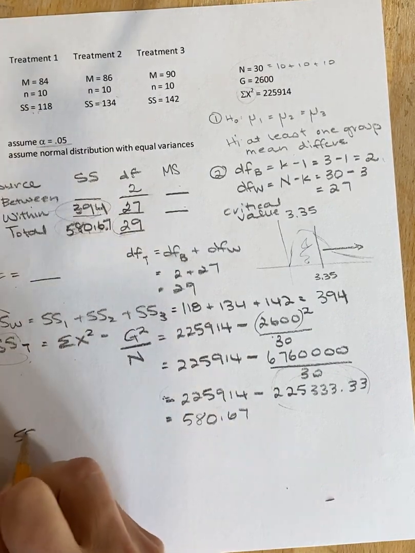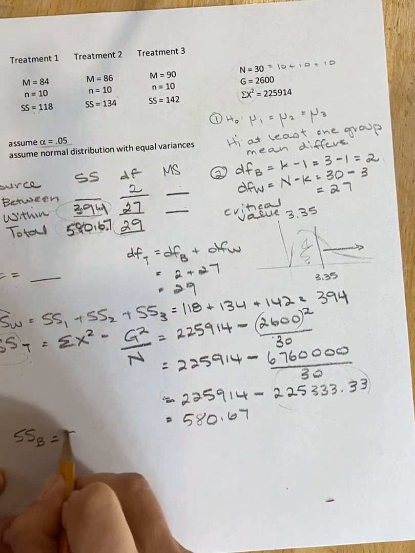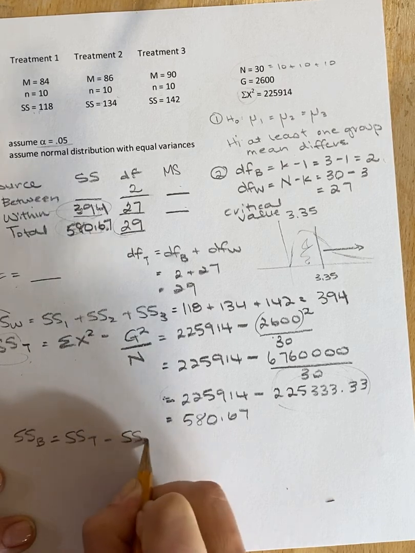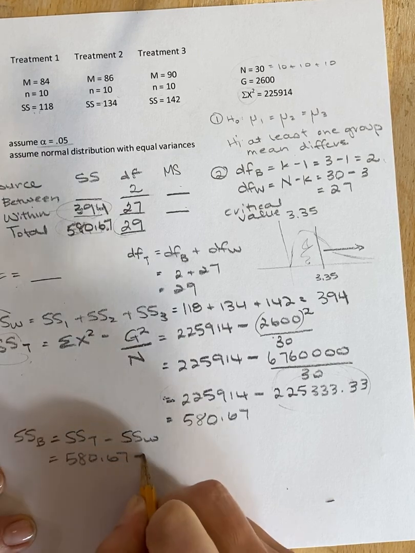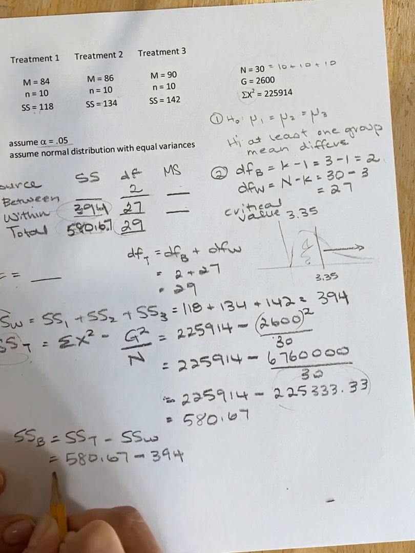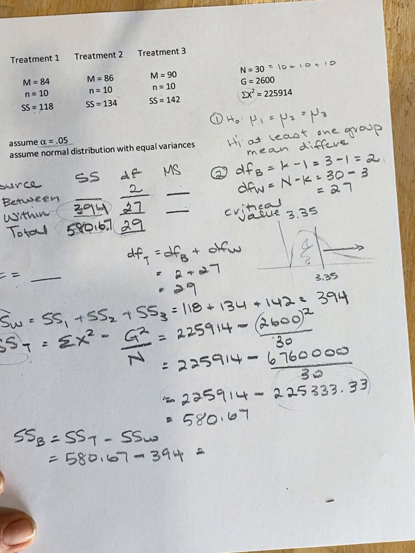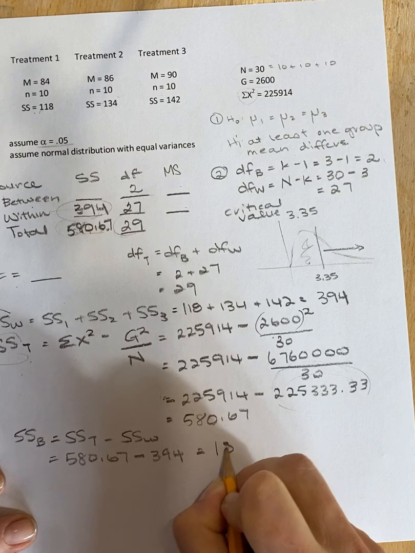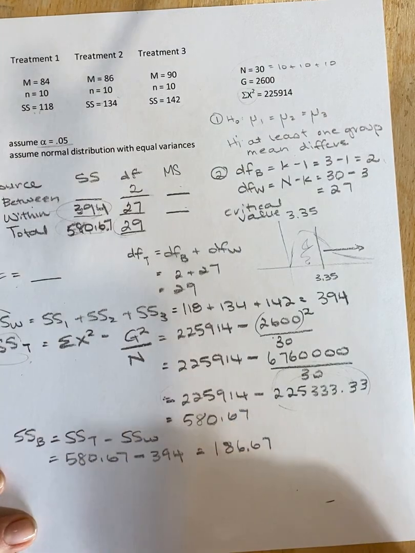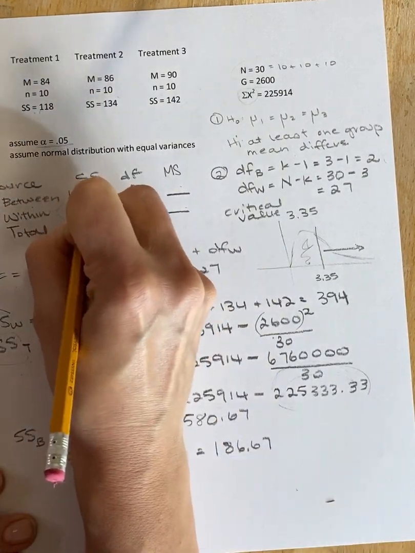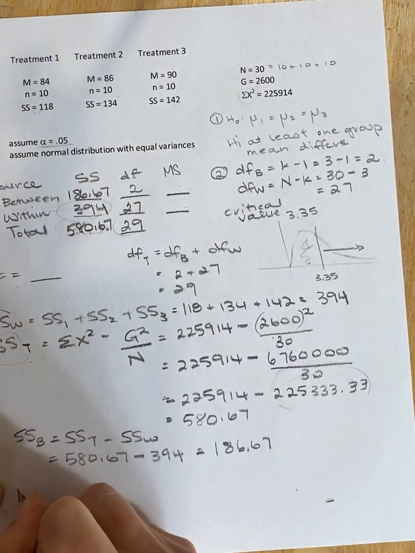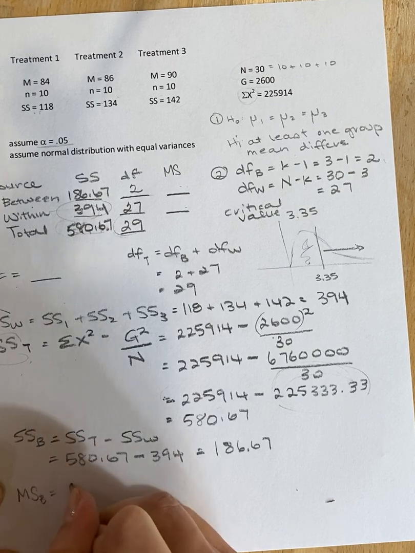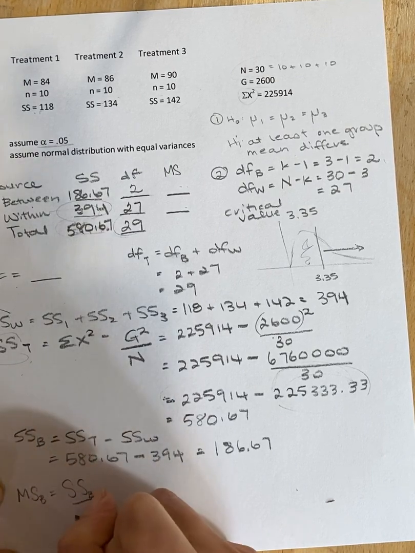To get sum of squares between, I'm going to take sum of squares total, subtract sum of squares within. So 580.67 subtract 394. I get 186.67. Now I can calculate my mean squares. Mean square between is sum of squares between divided by degrees of freedom between.